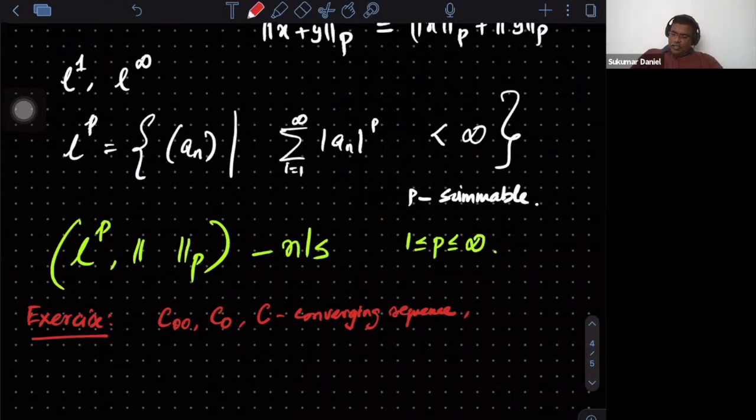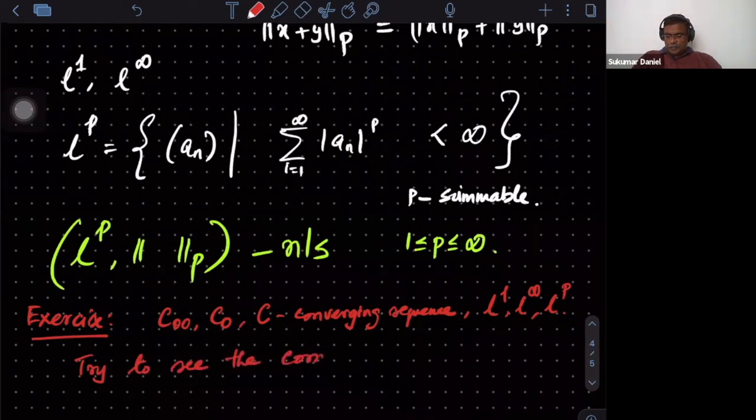And now you have all these LP spaces. Or maybe I'll write L1, L infinity, and L2. Now, the exercise is to see the connection among the spaces.